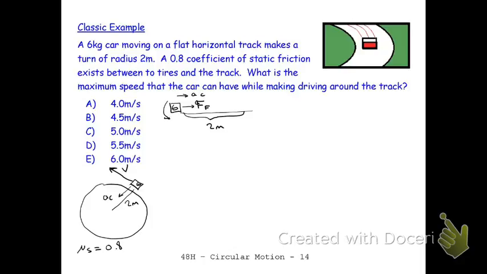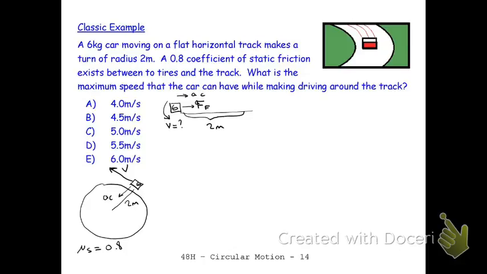And this velocity here is what I want. So there's a little bit of a thing there. Frictional force is what's paying for this circular motion. You know that because if you try and do this on ice, you will not go in a circle. So if I get rid of the frictional force, I no longer go in a circle. So it must be the frictional force that's paying for this thing.